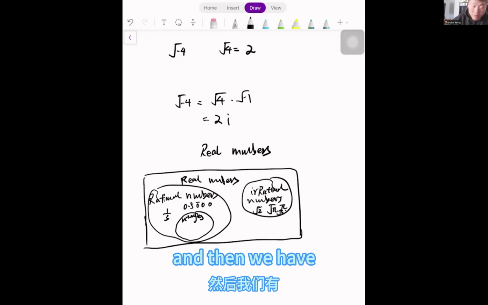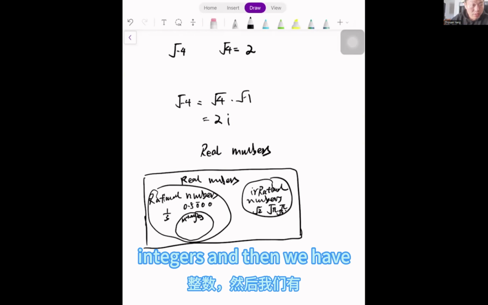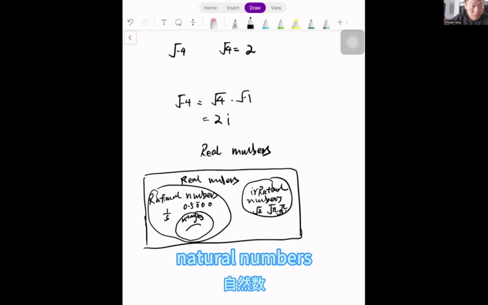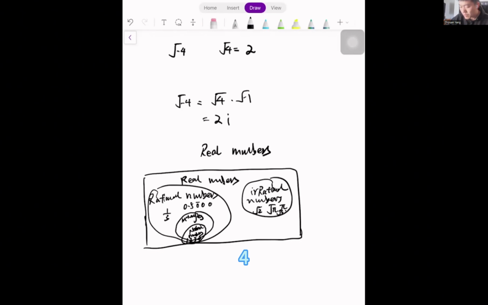And then we have natural numbers, which are 1, 2, 3, 4, but not including 0.